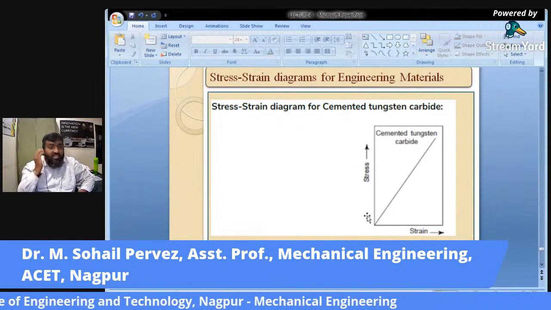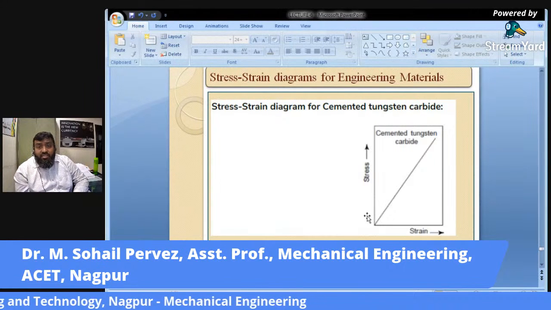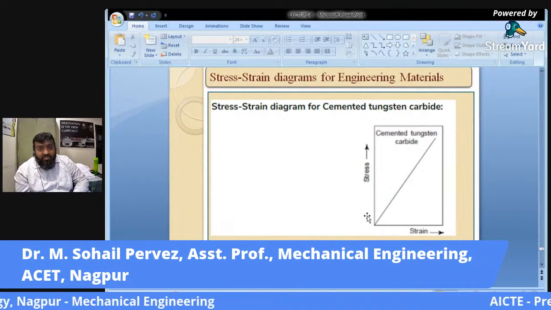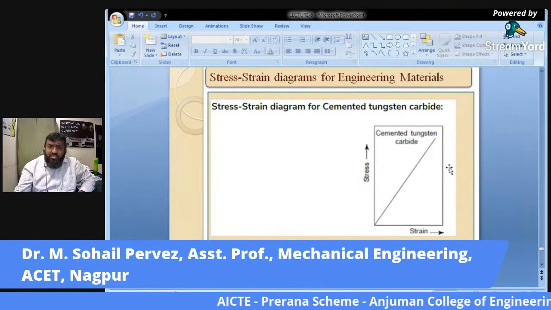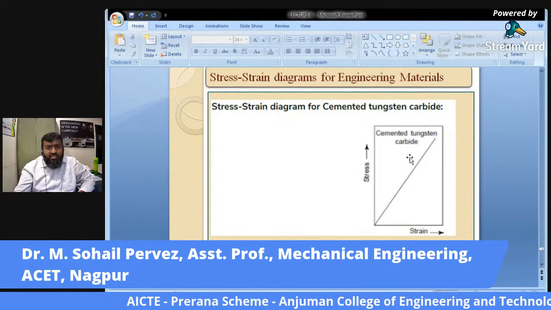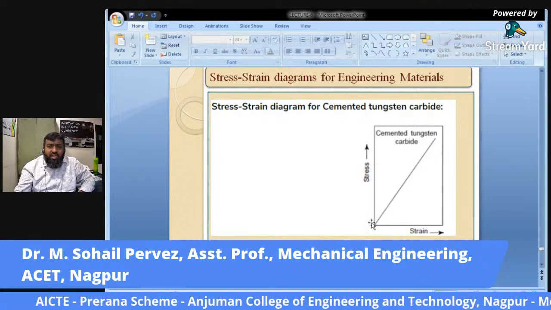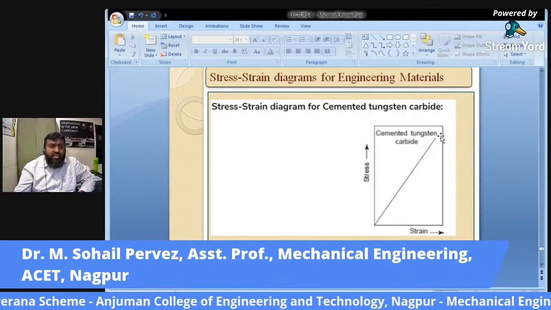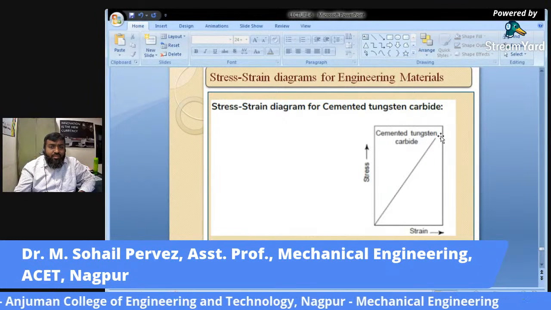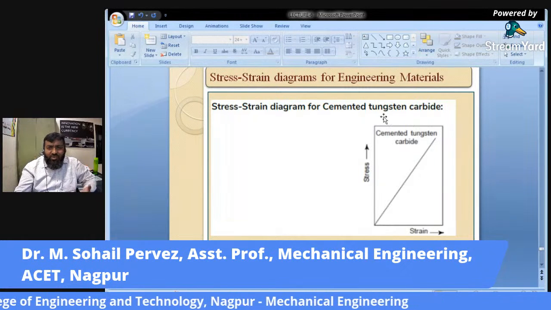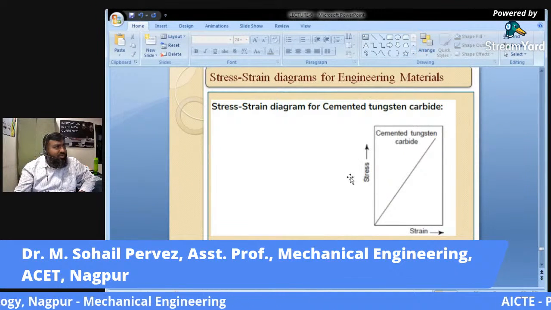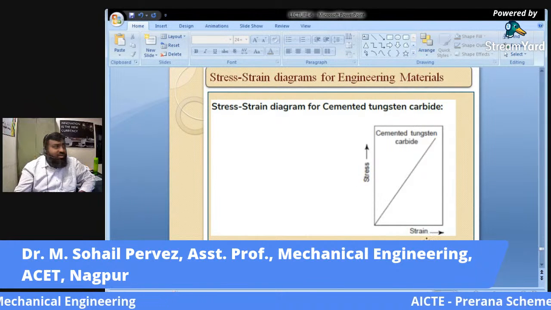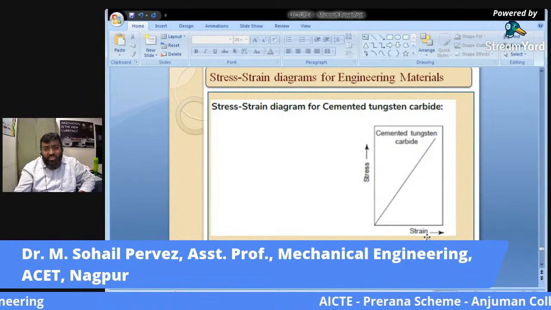Now I have represented the stress strain diagram for cemented tungsten carbide. It is a simple diagram, because for tungsten carbide the graph varies linearly. That is the essence of that particular material, wherein whatever the load applied, the strain or deformation would be proportionate.